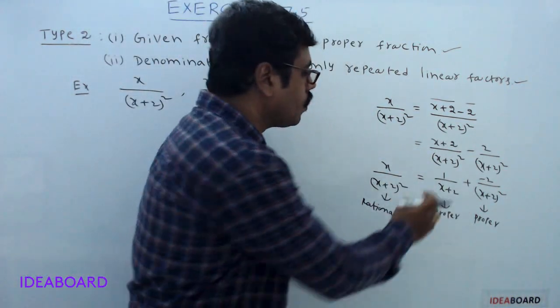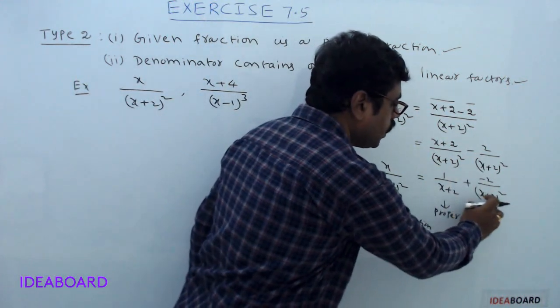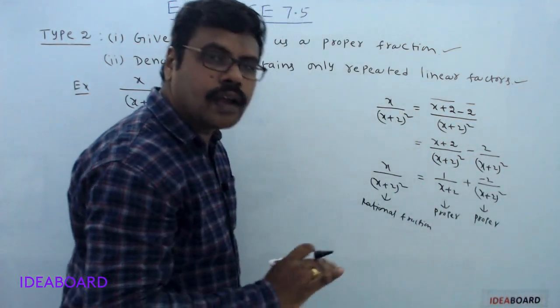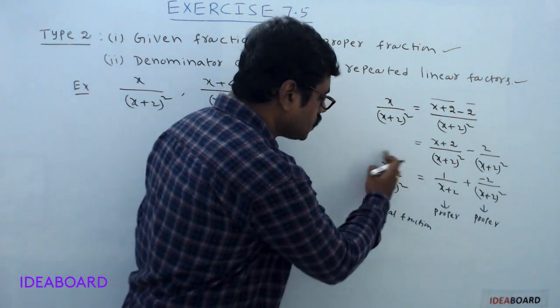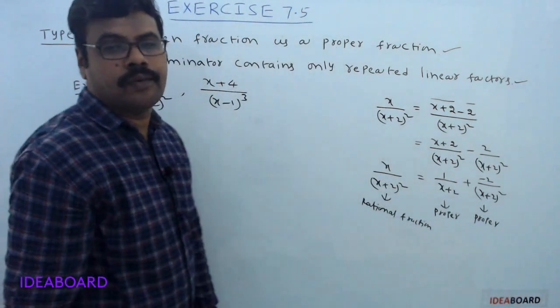Now here 1 by (x plus 2) and minus 2 divided by (x plus 2) whole square are called partial fractions of x divided by (x plus 2) whole square.